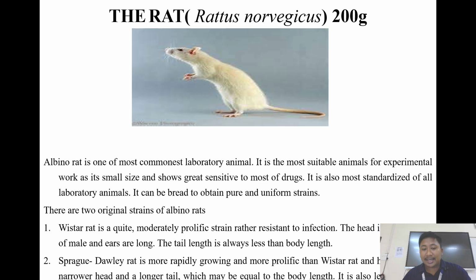If we talk about resistance, the Wistar rat has high resistance, whereas the Sprague Dawley has less. The Sprague Dawley has a longer and narrower head and a longer tail, which is just the opposite of the Wistar rat. It has less resistance to infection, mostly respiratory disease. So most of the time we do not choose the Sprague Dawley rat for respiratory or lung disease studies.